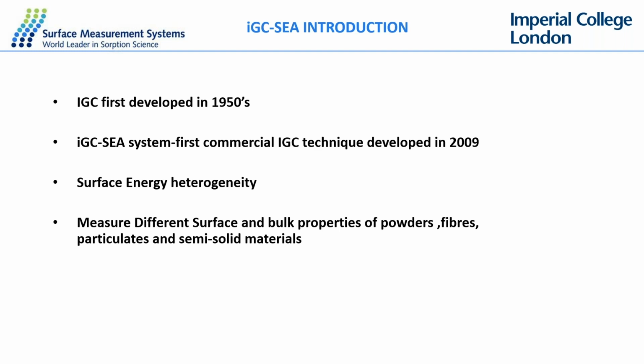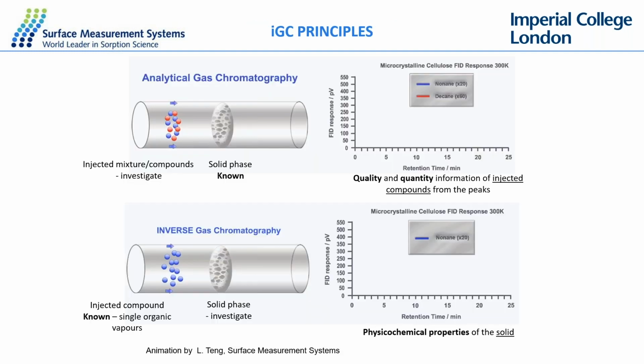The basic thing measured is the surface energy heterogeneity. The IGC can also measure different surface and bulk properties of powders, fibers, particulates, and semi-solid materials, and that's why I looked at using this equipment.